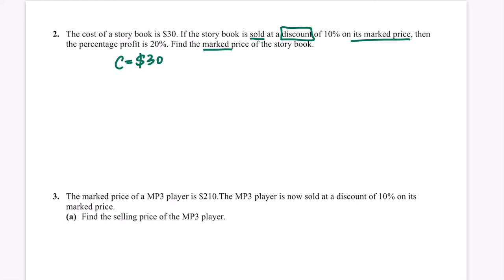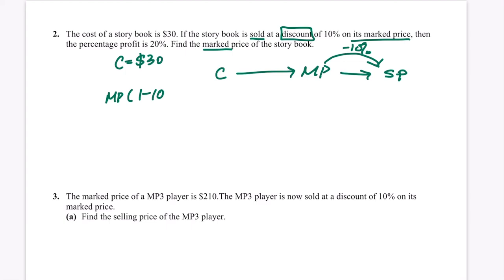So let's try drawing the thingy first. Cost, market price, and the selling price. Discount is between these two, so negative 10% because it's a discount. And now we will know that from market price we have 10% discount to get the selling price.